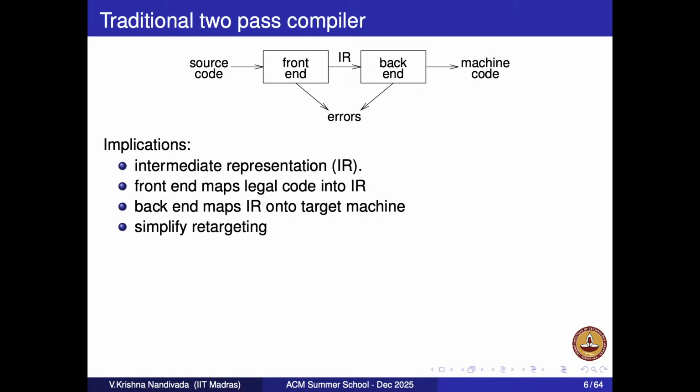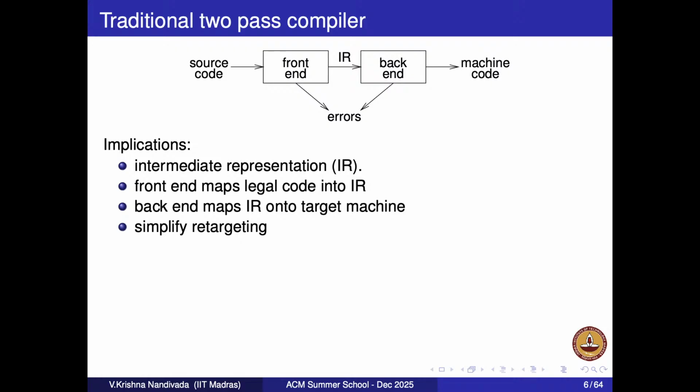Let's say it's printing something. The generated program should print the same thing. If the input program is doing some computation, the generated program should do the same computation, should get the same values, right? Now, see, let's say you are multiplying by 2, x equal to a times 2. He decides, no, I will do x equal to a plus a. Are they the same program? No. Are they computing the same value? Yes. Correct? So, we need to understand what the word semantic means.